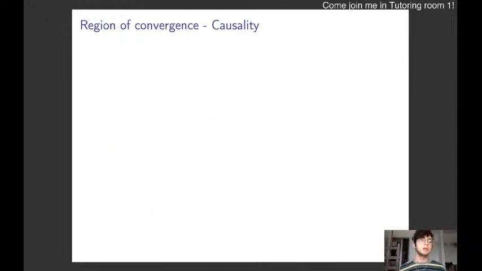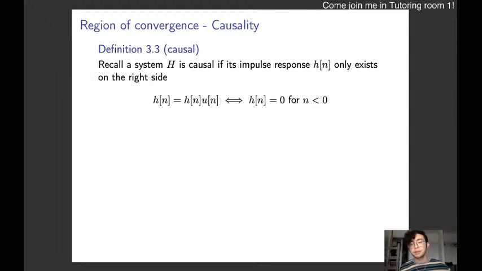So before we talk more about the z-transform and actually getting them, we need to talk about causality. We need to put our signals into different groups so that we can start talking about the region of convergence more thoroughly. Remember that a system is causal if the impulse response only exists on the right side.